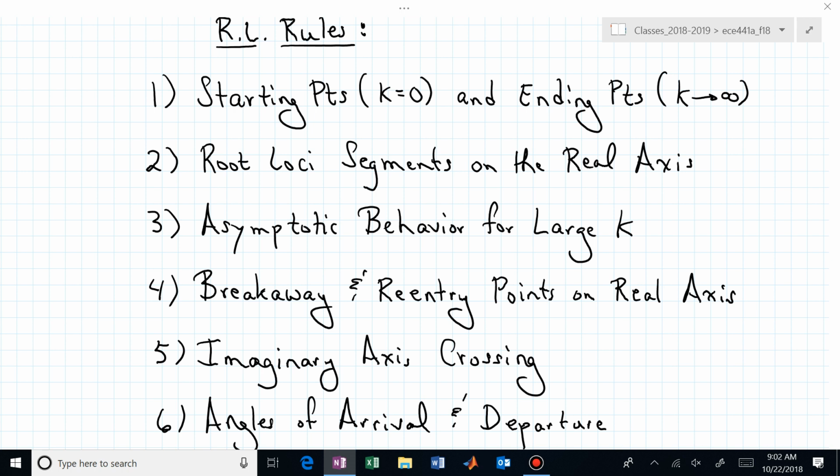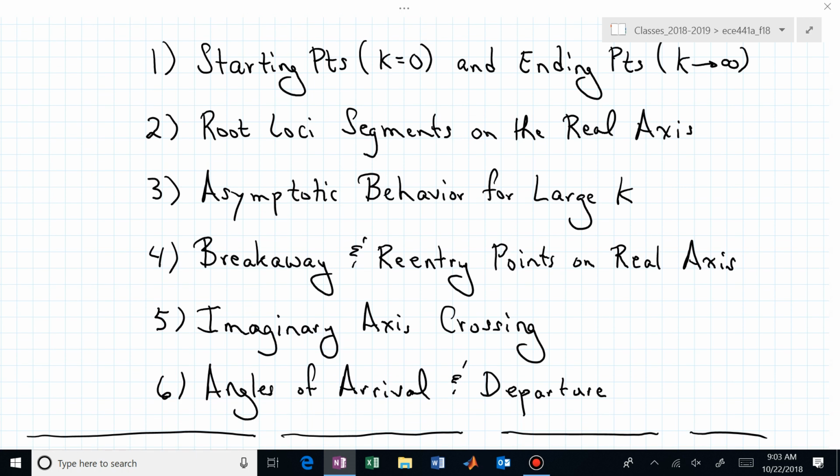And again, think of k like a knob that you're adjusting from 0 to infinity, and we want to see how the closed loop poles migrate or move around the complex plane as we adjust that knob. We'll talk about breakaway and re-entry points of the root locus on the real line. Where does the root locus cross the imaginary axis, if it does?